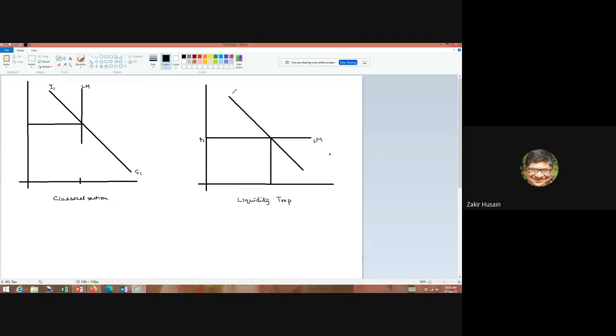This is R, and this is I1, Y1. Now, if you have an increase in government spending, the IS curve will shift outwards.